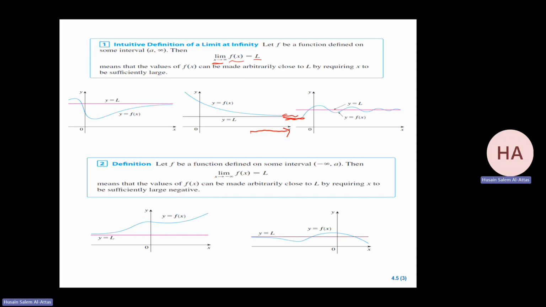So the horizontal asymptote can be crossed, but at the end the function will go around y equals L. It will either go above it or below it, but it goes around that, or becomes closer to L.